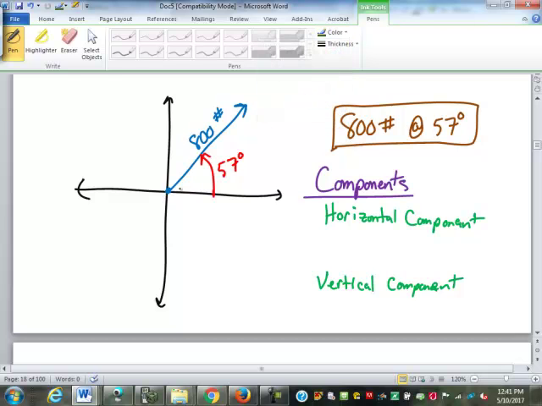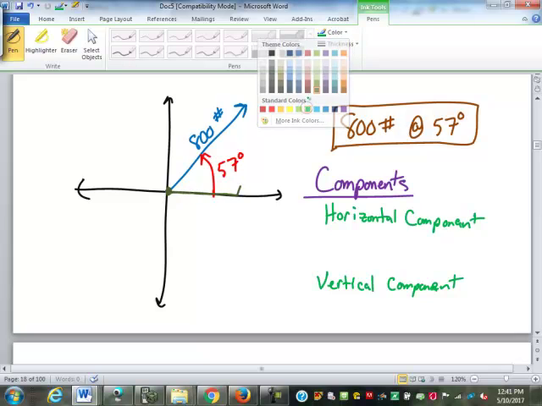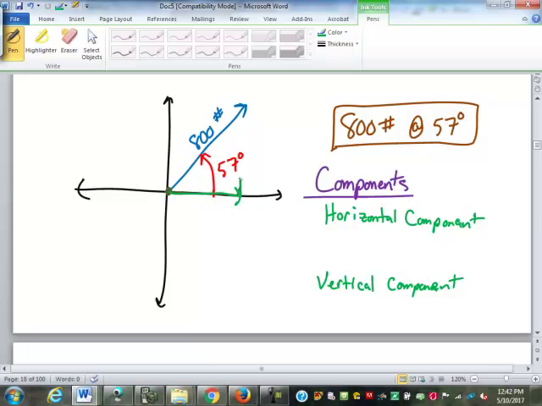So here, the horizontal component has to start at the tail. Here's the tail, right? Horizontal component would go this way. I'll put a different color in there so it's a little more obvious. Horizontal component goes this way. Vertical component goes that way, and we end up at the head of the vector. So we end up in the same spot. We just can only go horizontally and vertically to get there.